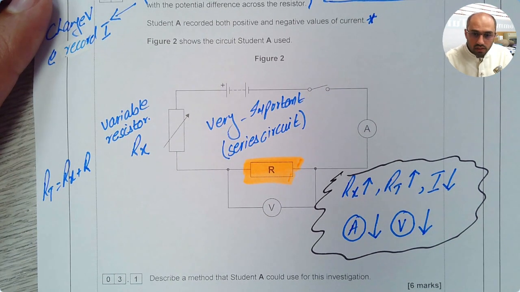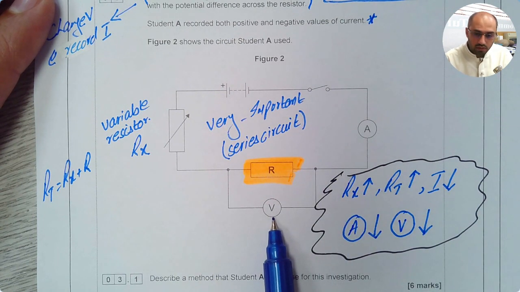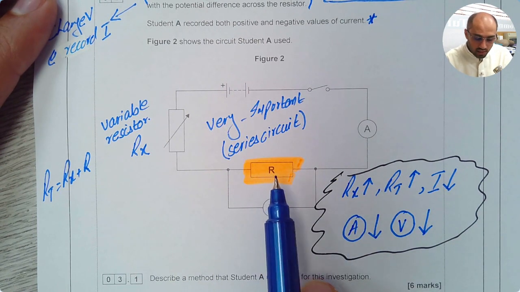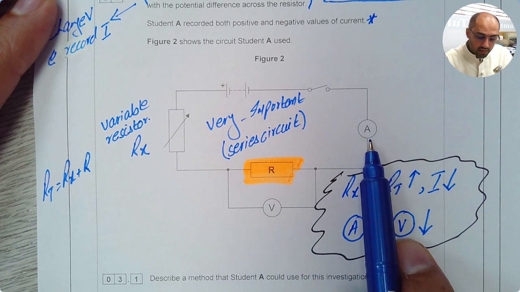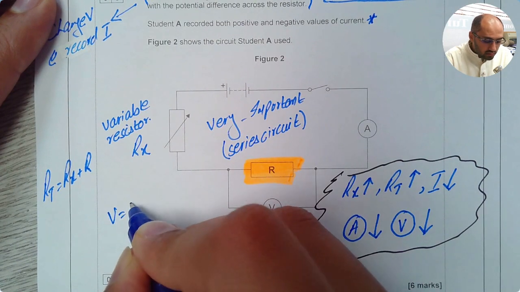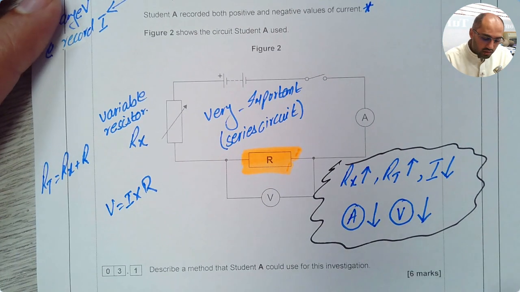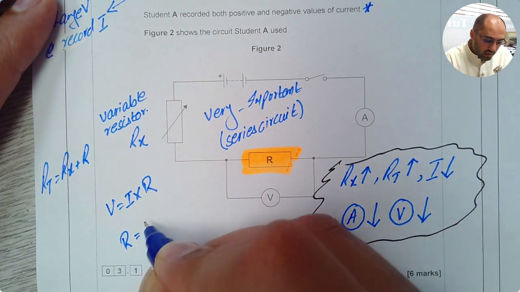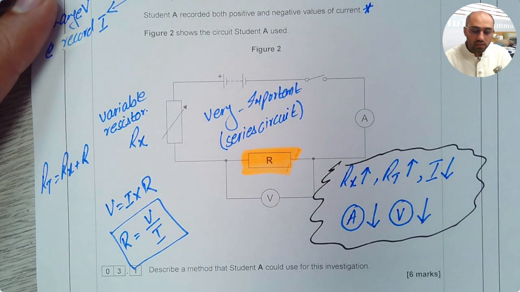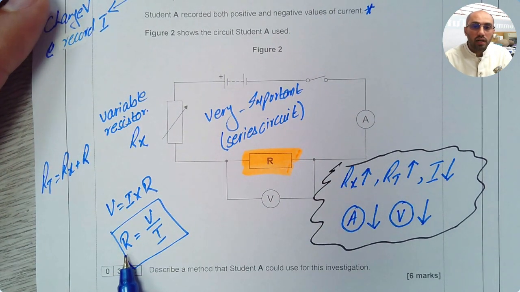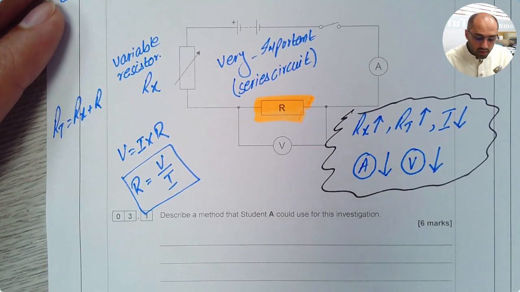There's an equation for this circuit that links these three variables: V, which is potential difference across R, resistance of this resistor, and the current in the circuit. That equation is V equals I times R. If I rearrange this equation, I'll end up with R being equal to V over I. And this is our main equation to determine the value of R. Now here it says describe a method that student could use for this investigation.